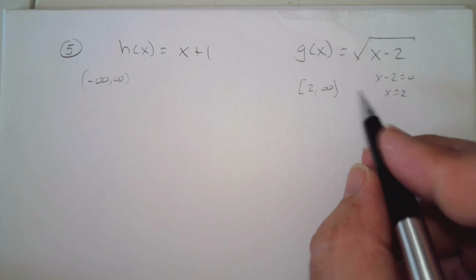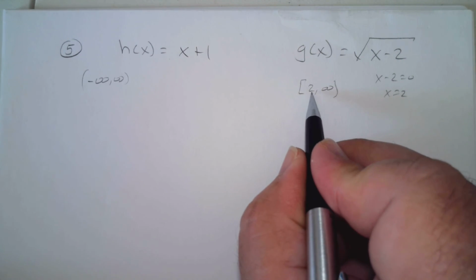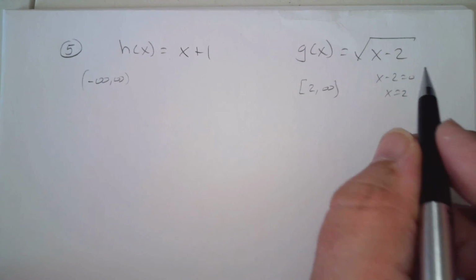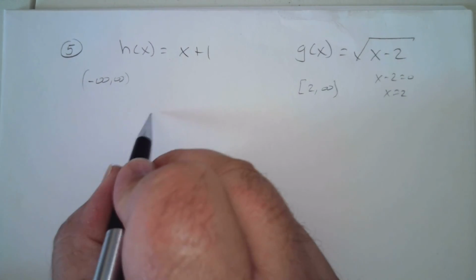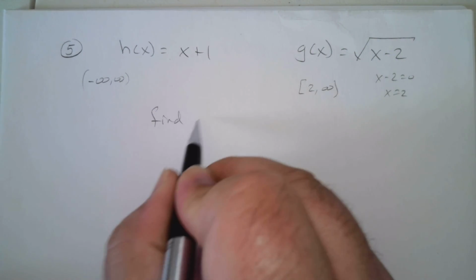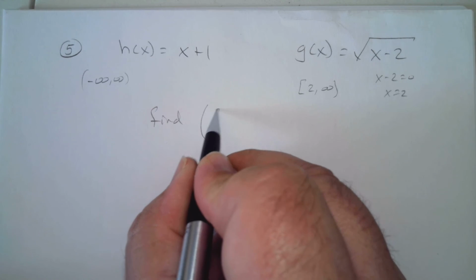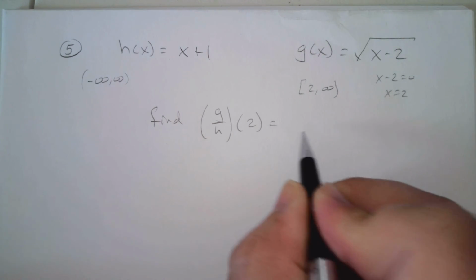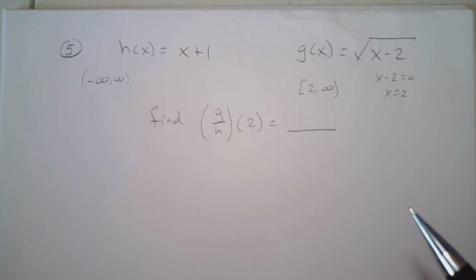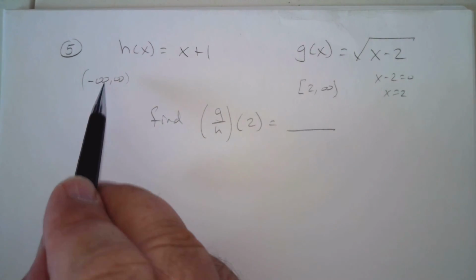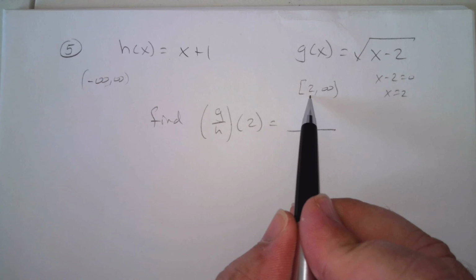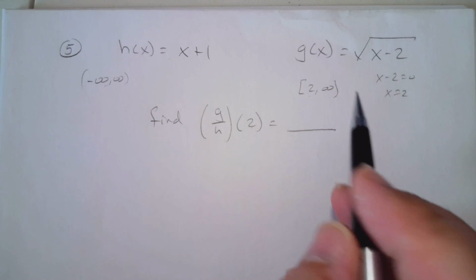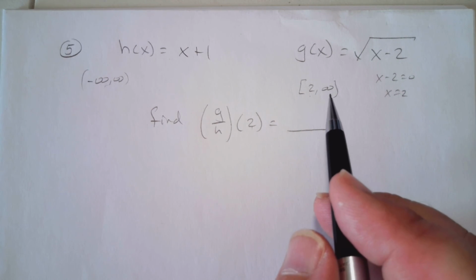So my only x's I can use are 2 or higher. So the question is asking for g over h of 2. It works there. Since this one starts off at 2 and goes higher, and that's a 2, I know I'm going to have an answer.